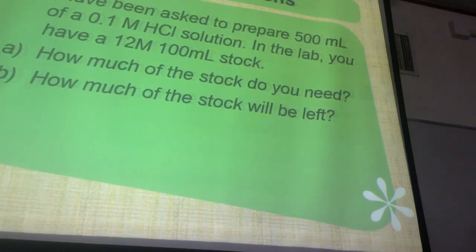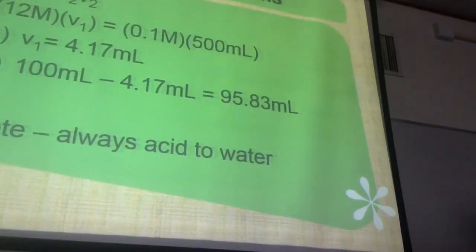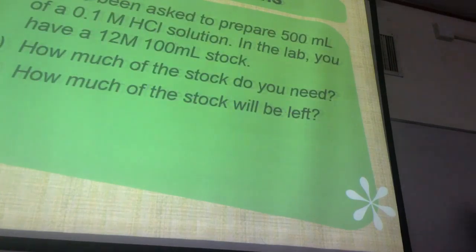So, C1, C2. C1 is the concentration of what we have, so 12 molar, right? We don't know the volume, because what we're trying to get is about 0.1 molar of a 500 milliliter solution. That is what we want. So that's C2, the concentration of what we want, and V2, the volume of what we want.